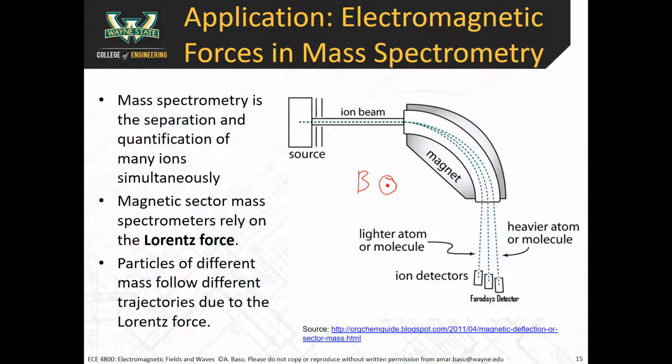Going into the page is a circle with a cross through it, like we saw in the previous slide. So this is really cool stuff. This is the stuff that physicists and chemists use to detect atoms and how big those atoms are and how much charge they have.